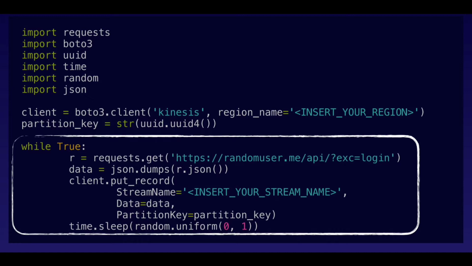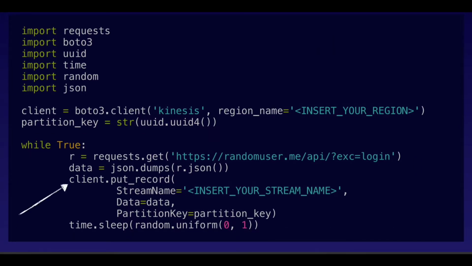Now we will go over the partition key here in just a little while, but next I create an infinite loop that continuously calls the randomuser.me API, and the data that's returned from the API call, we can just use that inside the putRecord method. Now when we call client.putRecord, we need to make sure we insert our stream name, the data that's returned from the randomuser.me API, and a partition key, and we created a partition key at the beginning of the program, and it's just a random GUID.